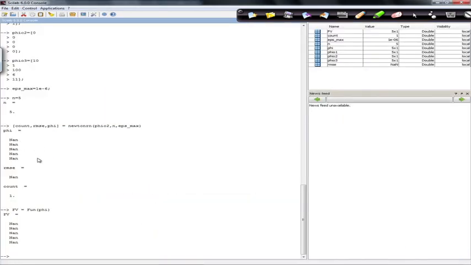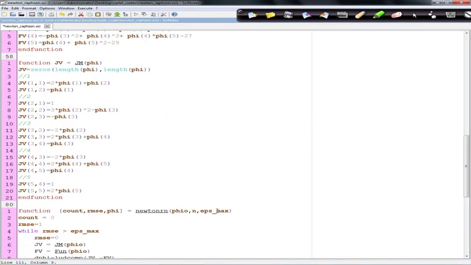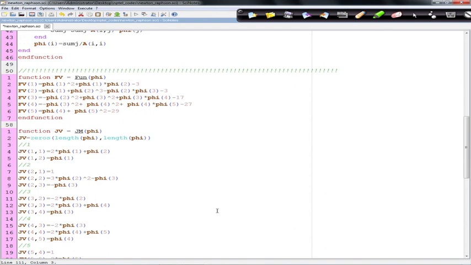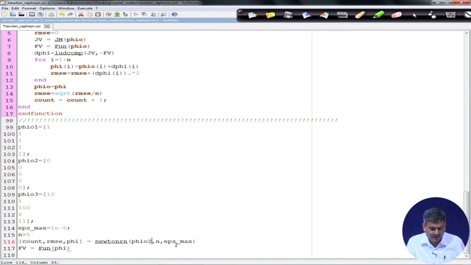Why are we getting NaN? Because we are unable to calculate the Jacobian matrix properly. All entries in the Jacobian matrix are 0. So, in this case it is impossible to get the solution with this guess.